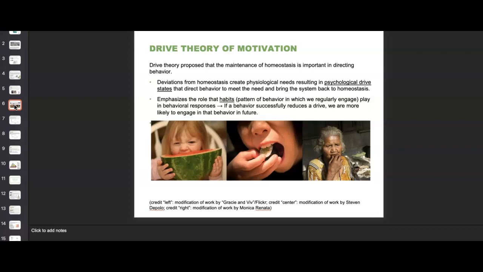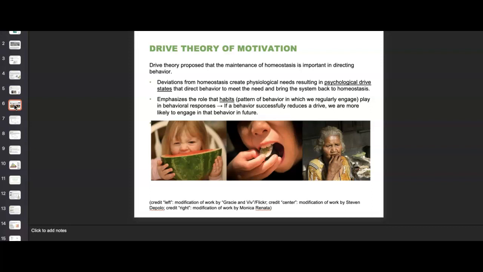So we are constantly working to reach homeostasis, or these set points. And when we aren't at homeostasis or at these set points, our organisms, meaning ourselves, stimulate behavior to meet the need and bring the system back to homeostasis.